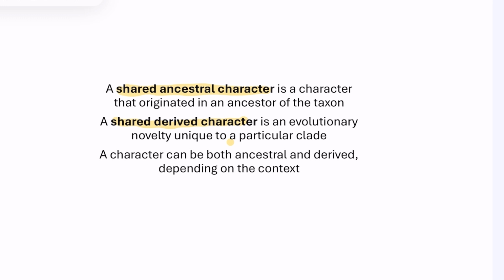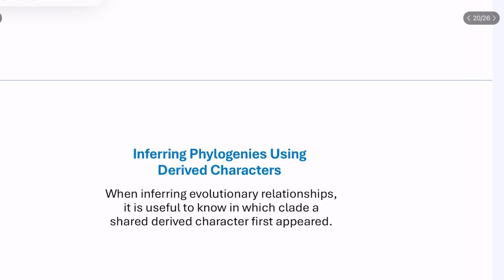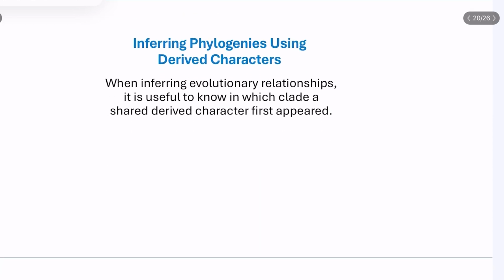A character can be both ancestral and derived depending on the context. It depends on the tree and the position whether the character is shared with the ancestor or is only a derived character. Now, how can we draw a phylogenetic tree using derived characters?